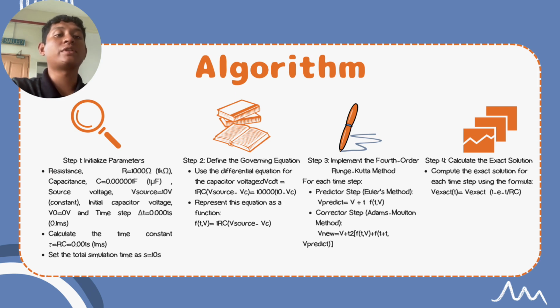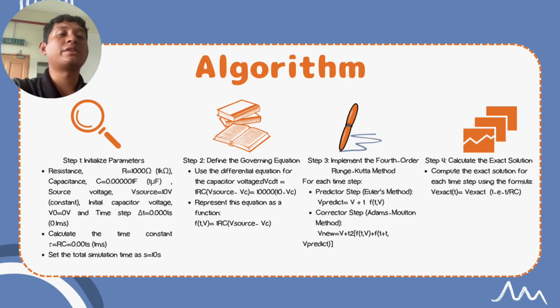Second step, we define the governing equation. Use the differential equation for the capacitor voltage. We represent the function F(t, V) equal to 1 over RC times (V source minus V capacitor).